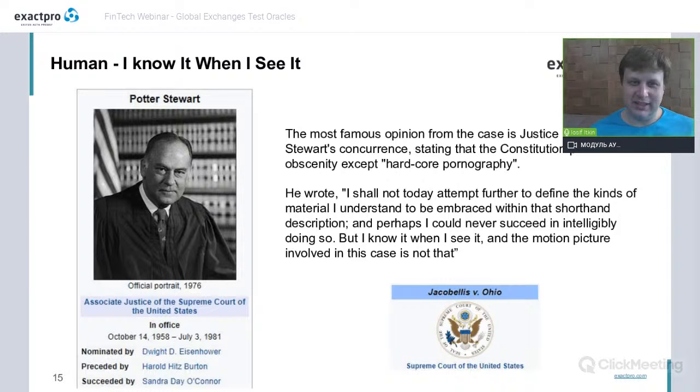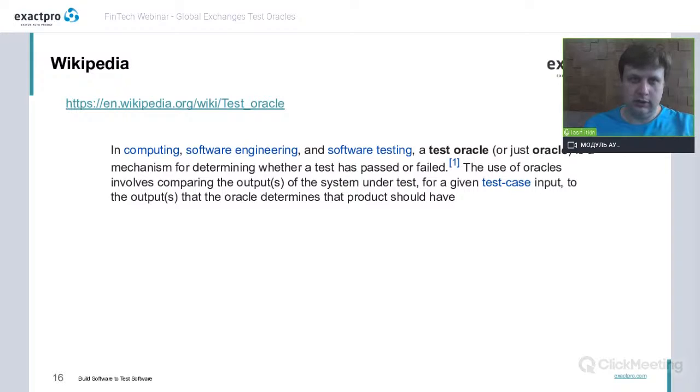So it means that even when not able to specifically explain something, a human can make a judgment whether something is okay or not okay. So this is the fourth type, the human oracle, and we will talk more about it later.